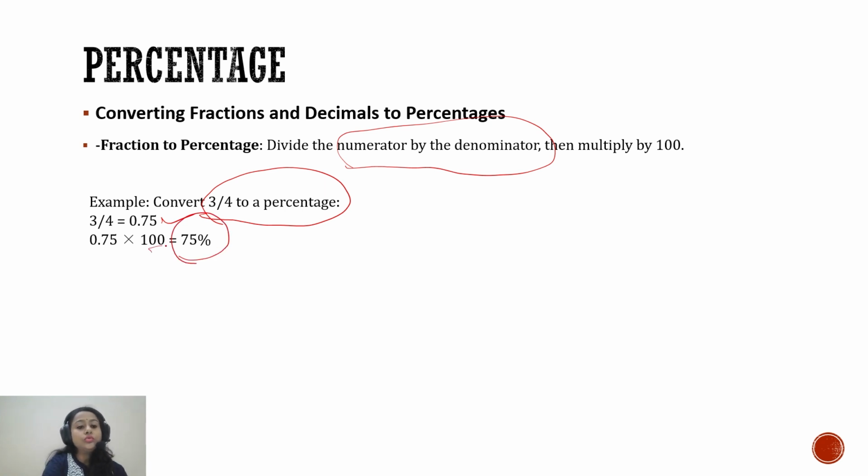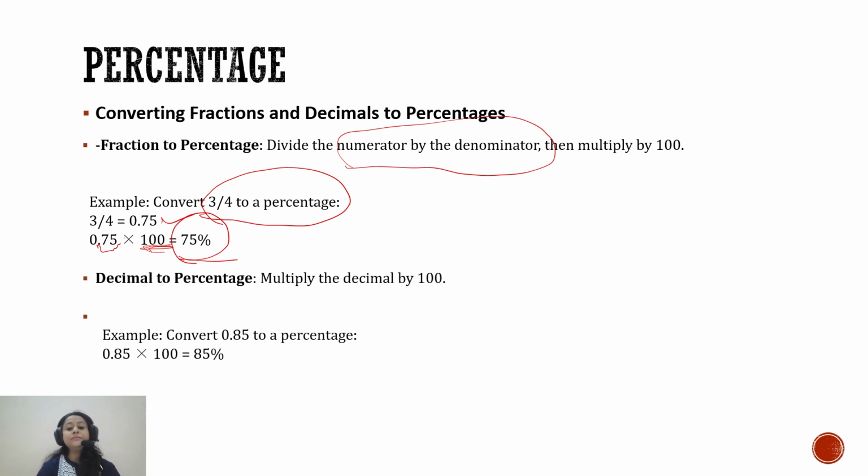Since there are two zeros, the easiest way to understand this is to just shift the decimal two places to the right, and it will give you 75%. This is the easiest way to remember this. And similarly for a decimal, it is already in decimal. Unlike a fraction, you don't have to convert it into decimal.